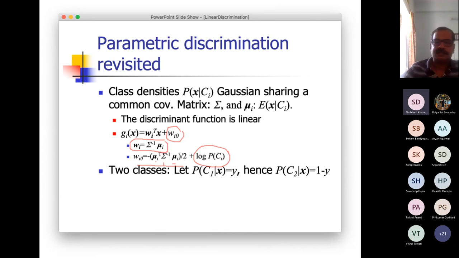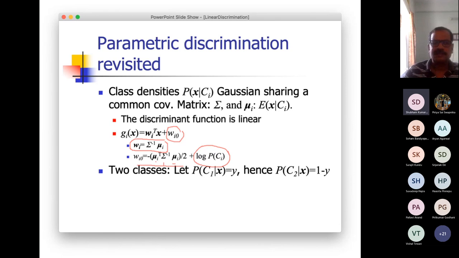Now let us consider that the problem is formulated in this way: we will directly estimate these posterior probabilities. So we'll see how we can relate these discriminant functions with these posterior probabilities. That is the interesting part. Once we understand that, the problem formulation of logistic regression will be clear to you.